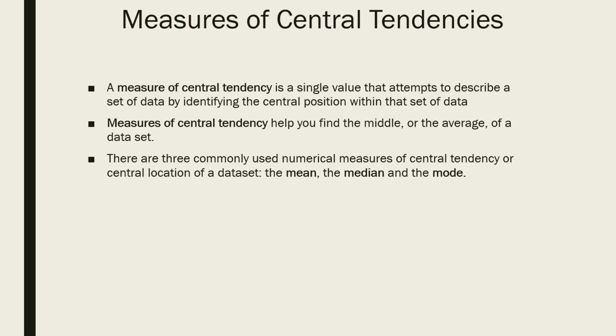A very good example of a measure of central tendency is your average. But in this module, it's not known as an average, it's known as a mean. So when you talk about average, that's your mean. Measures of central tendency help you find the middle or the average of the data set.